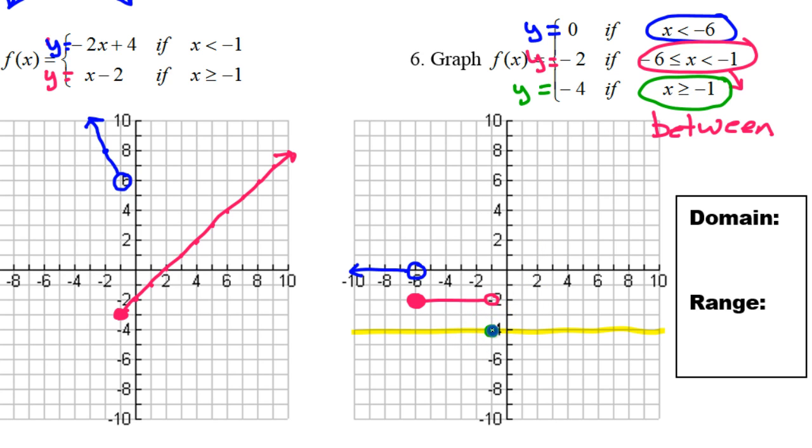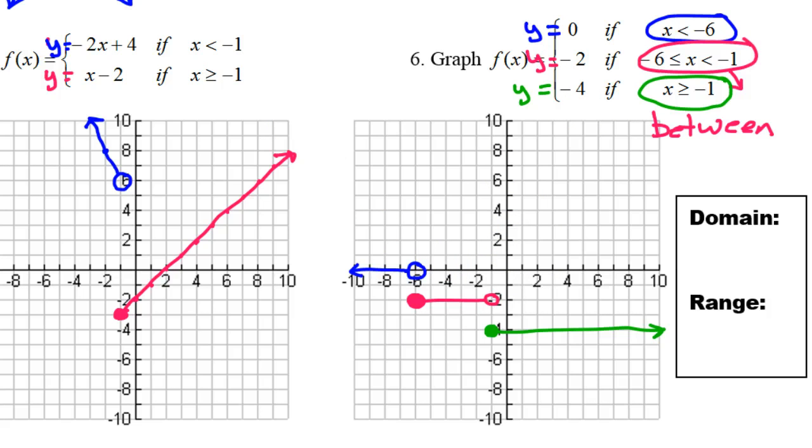We'll go ahead and make it a closed circle because or equal to negative 1 includes the point at negative 1. And then since we want the values that are greater than negative 1 as well, we will draw that going to the right. Okay, so that's how you graph this type of a piecewise function.